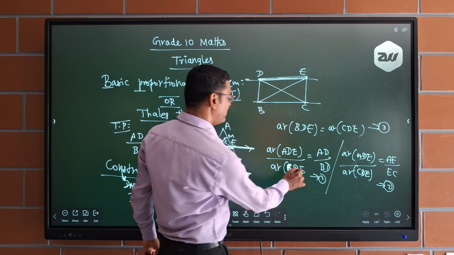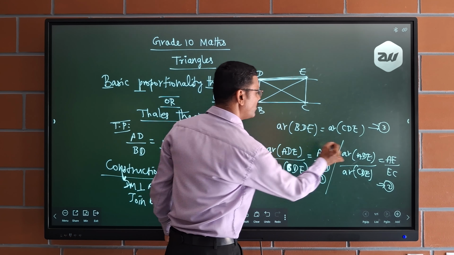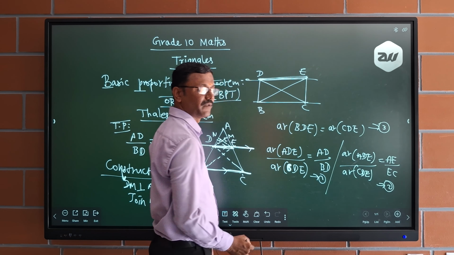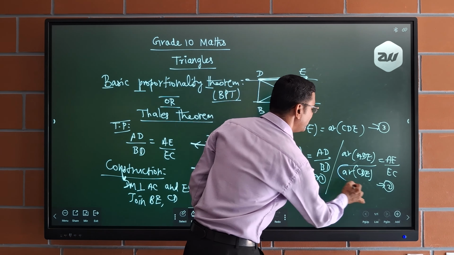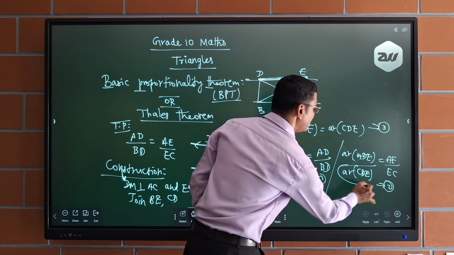In equations 1 and 2, the numerator is the same, area of ADE. But in the denominator, here area of BDE, here area of CDE. According to the third equation, BDE and CDE both are equal, correct? This and this both are equal. So from this what I can say: these left hand sides are both equal, so both right hand sides are equal.